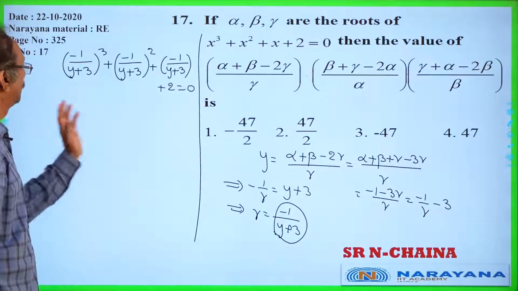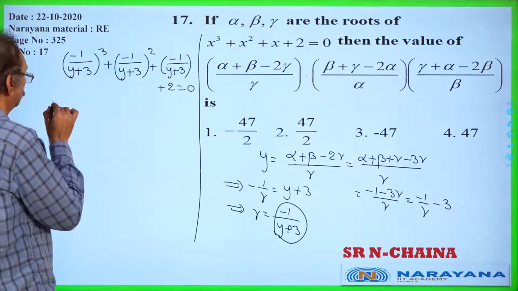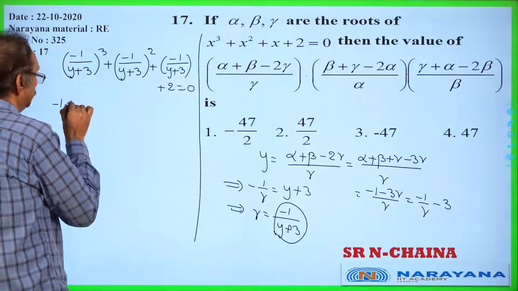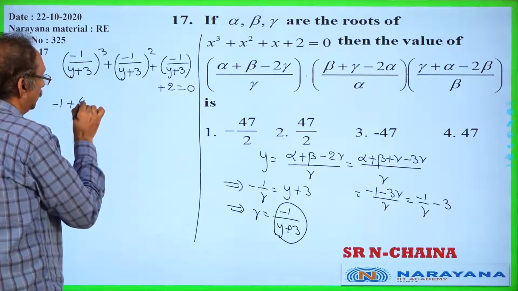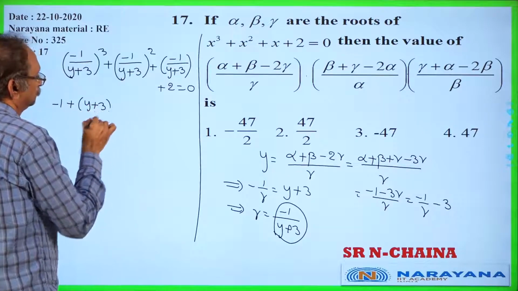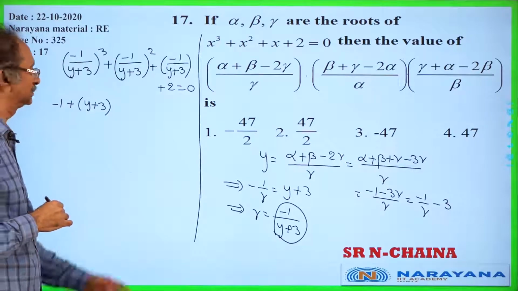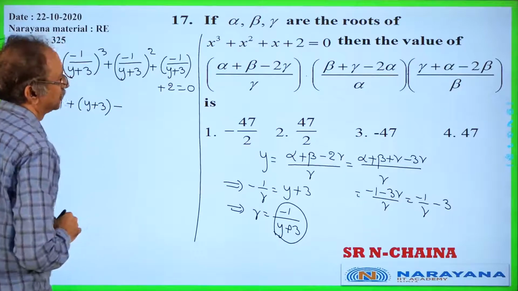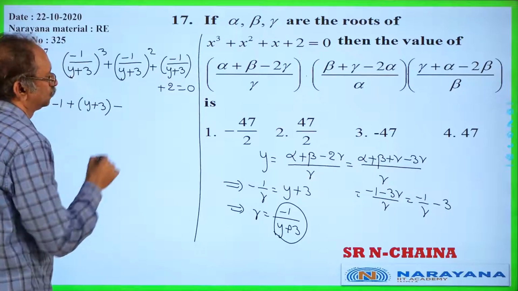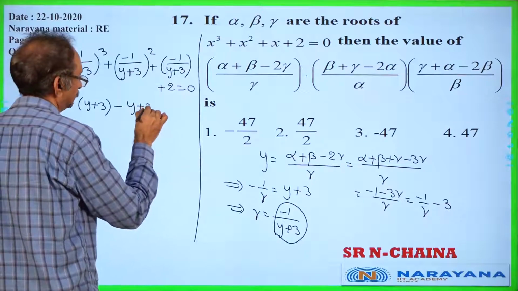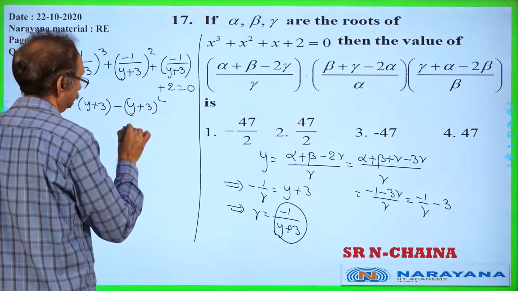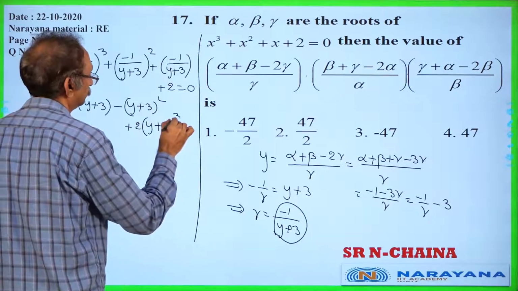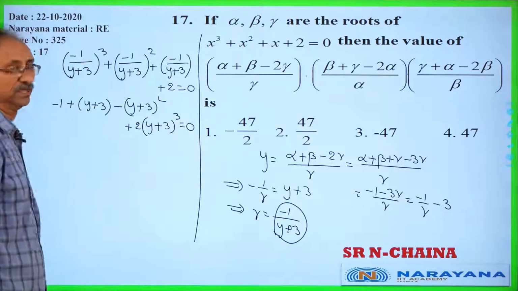And simplify this. Multiply with y plus 3 whole cube. Minus 1 whole cube is minus 1, that is plus 1 into y plus 3, and so on. Then minus y plus 3 whole cube by y plus 3, that is y plus 3 whole square, plus 2 into y plus 3 whole cube.